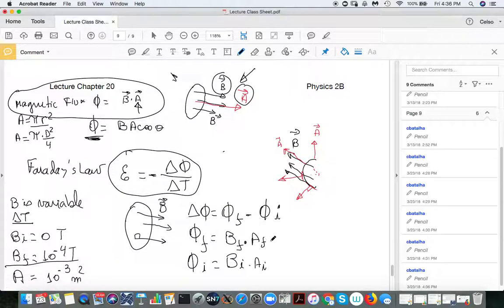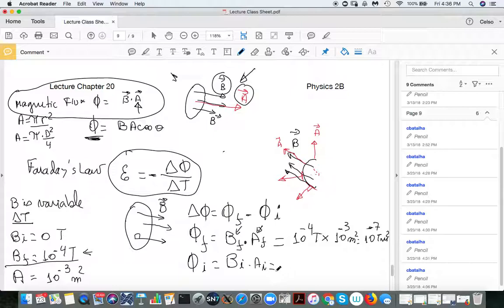So if this is true, when you calculate the final product between the magnetic field and the area itself, you plug in your final magnetic field, 10 to the minus 4 Tesla, and then multiply that by the area. Again, these numbers are just to help direct your thoughts, and that gives 10 to the minus 7 Tesla meter squared, which is a unit called Weber, but let's keep moving.